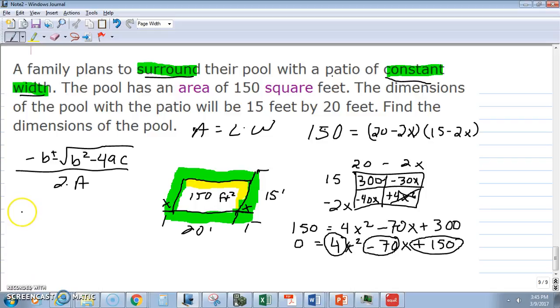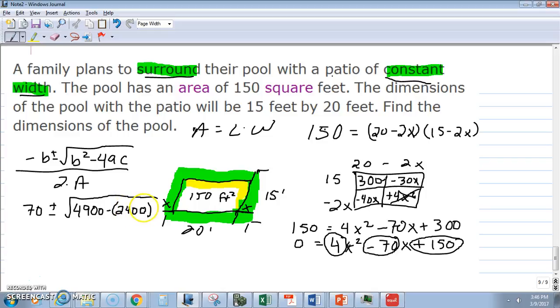Negative B is going to be positive 70 because negative, negative, plus or minus the square root of 70 squared, which is 7 squared is 49, and add 2 zeros, minus 4 times A times C. So 600 is A times C, and then times 4, so 600 times 4, 2400.